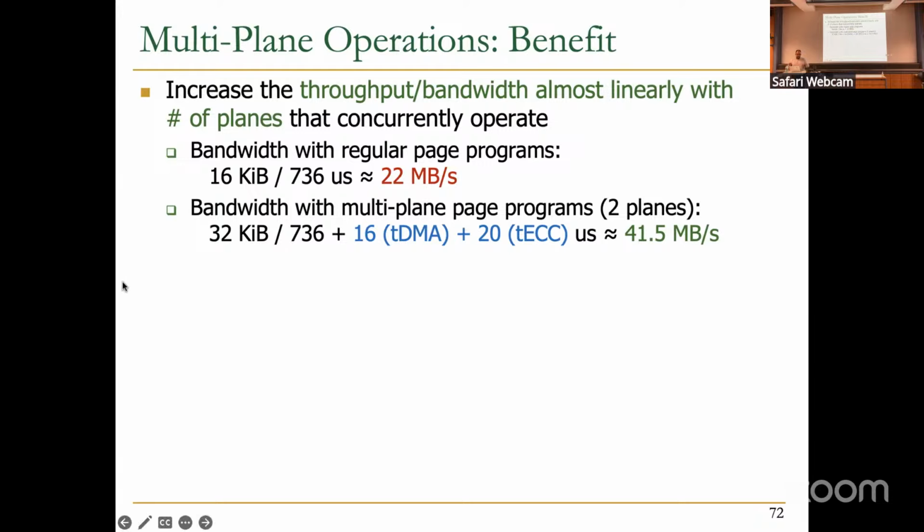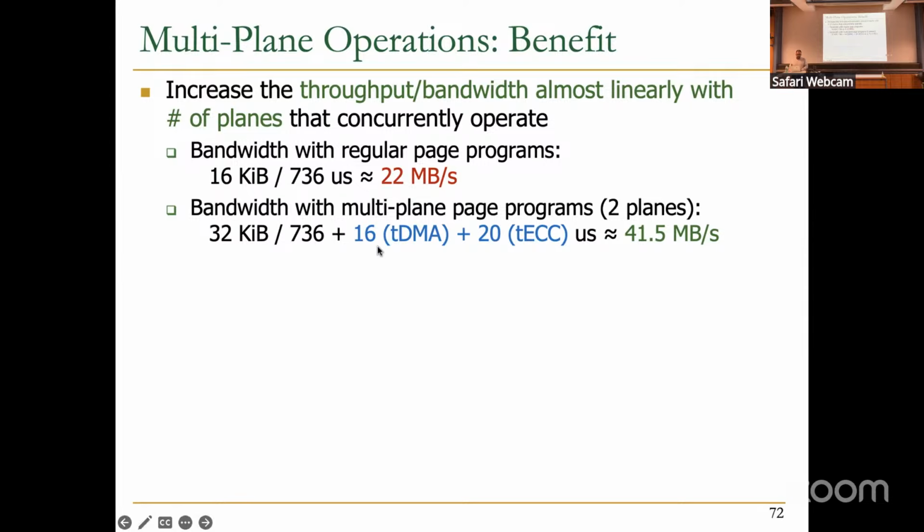The page that you want to write is 16 kilobytes, so now you need to transfer 32 kilobytes of data. The program latency is completely in parallel: 700 microseconds for both planes.